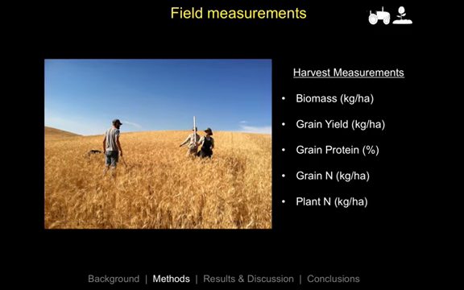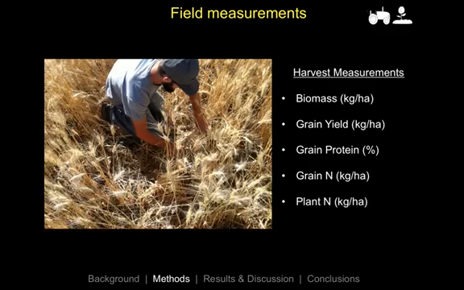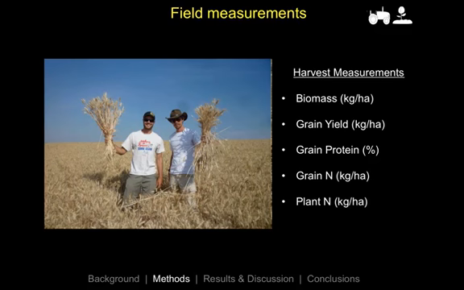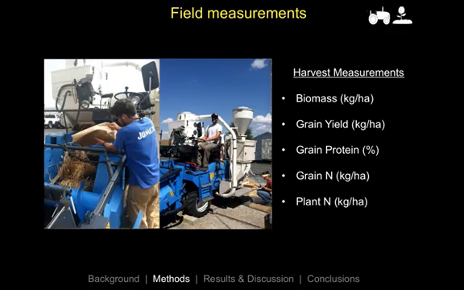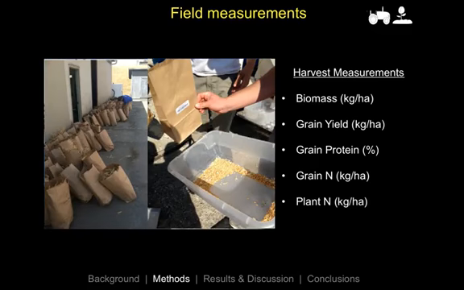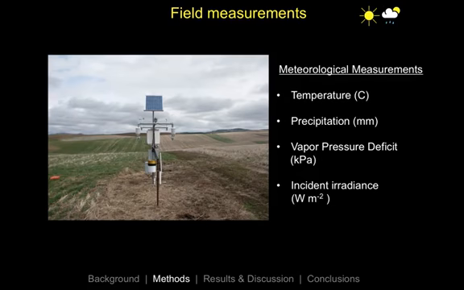And then at harvest, we collected biomass, grain yield, grain protein, grain nitrogen, and plant nitrogen.